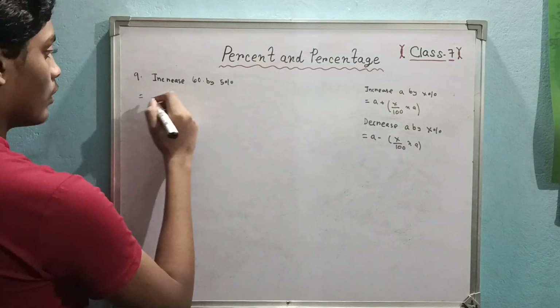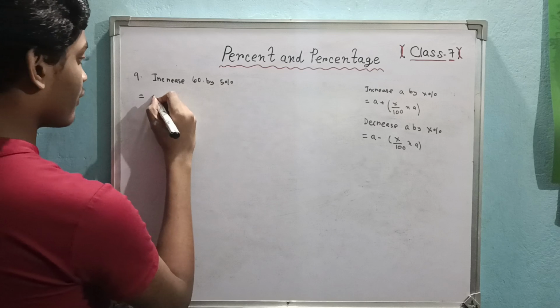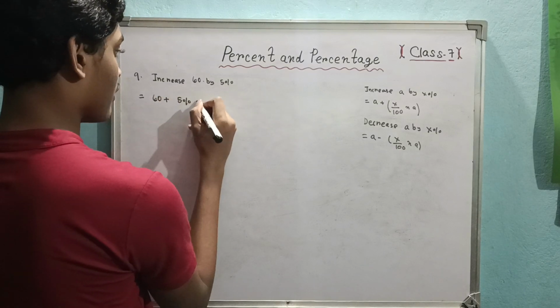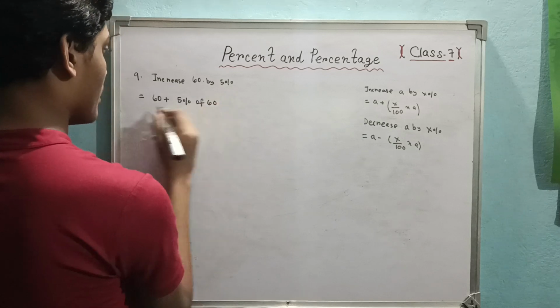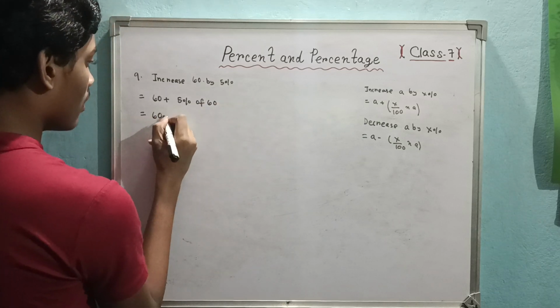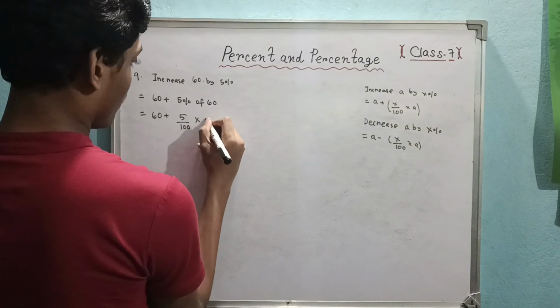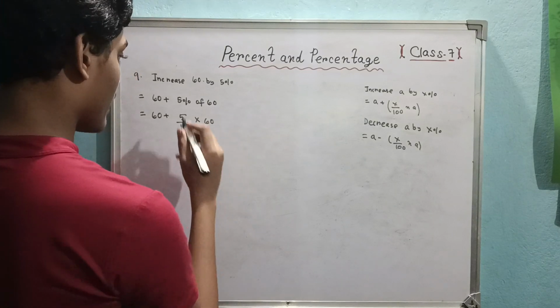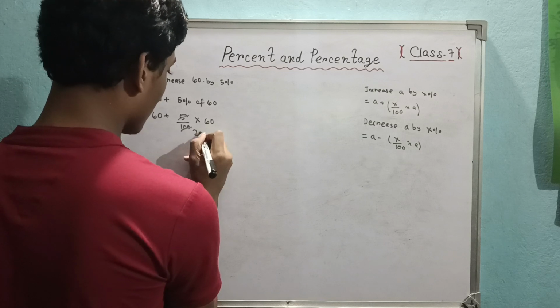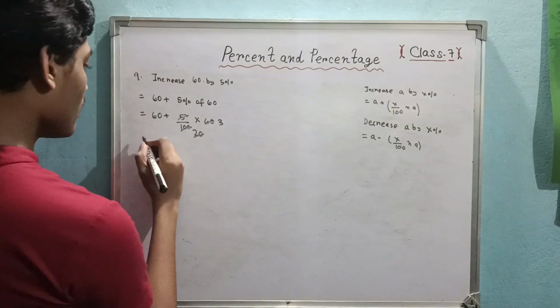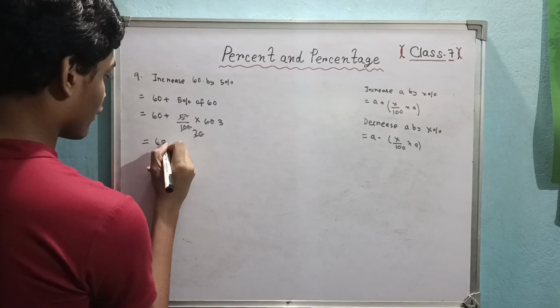So this will be equal to what? 60 plus 5% of 60. That means 60 plus 5 by 100, of means multiply, into 60. Let's do simple cancellation. 120 and here 3. So 60 plus 3 is equal to 63.